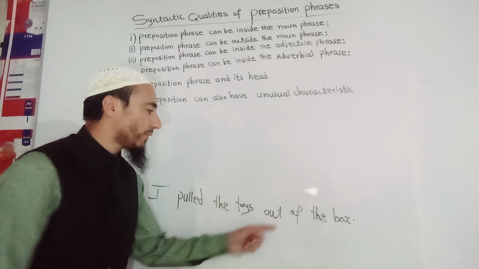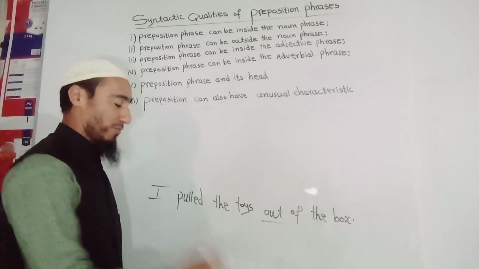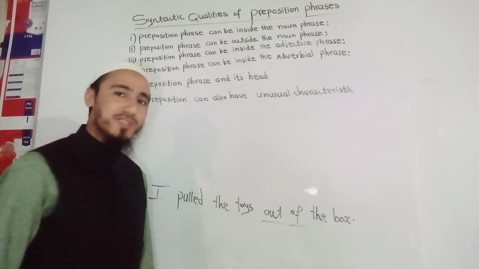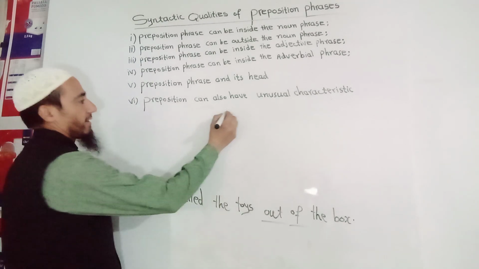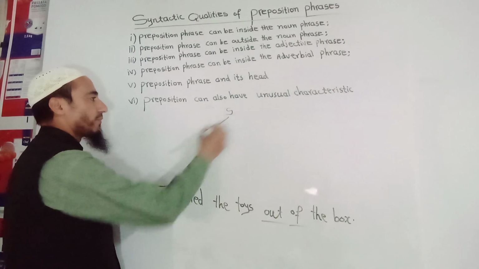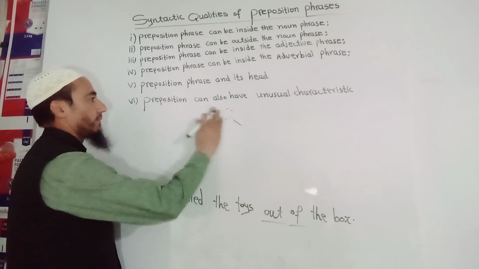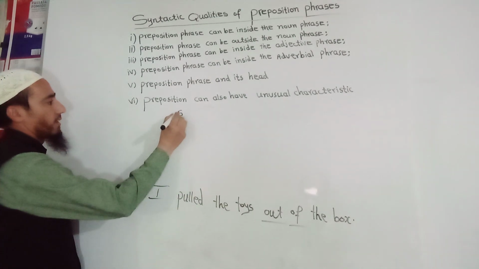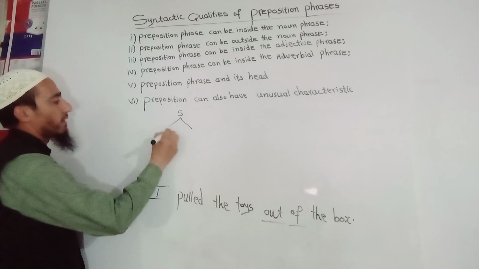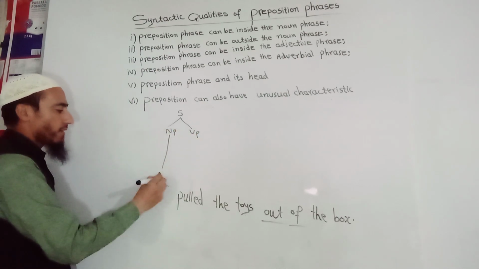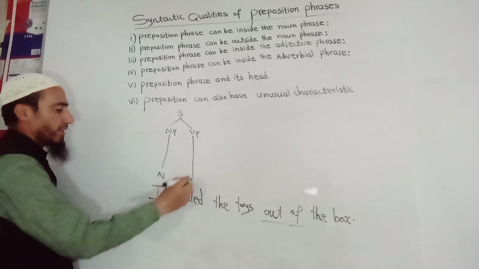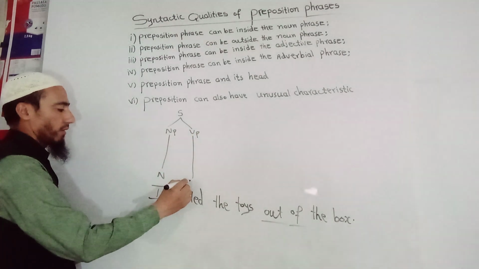So here "out" is one preposition, and "of" is another preposition. So two prepositional phrases are there. What is the tree diagram? We have NP and VP. So NP is "I" and VP, that is what? "Pulled".